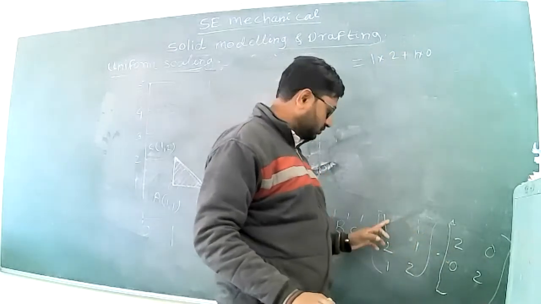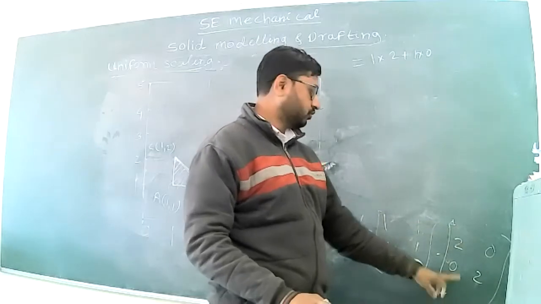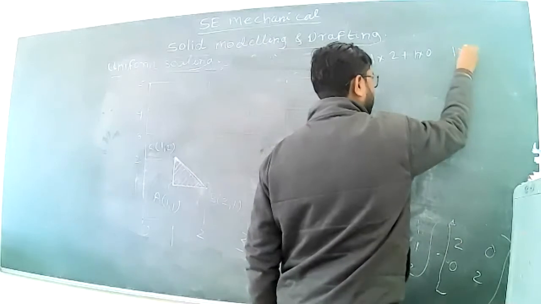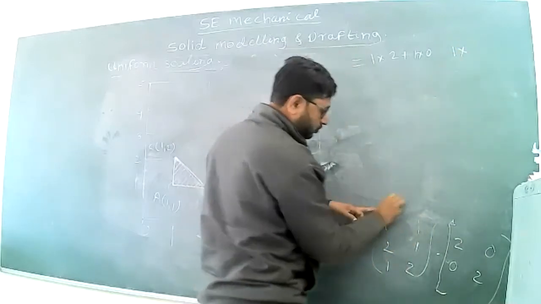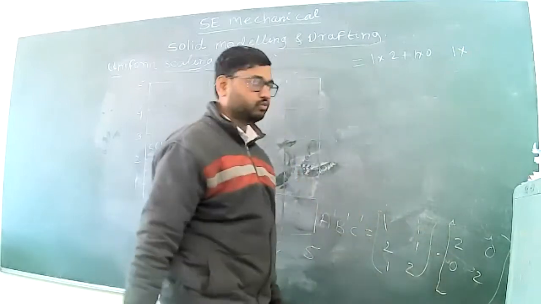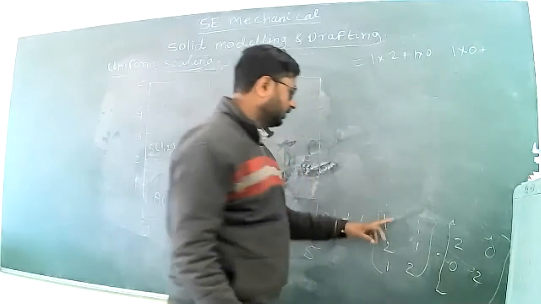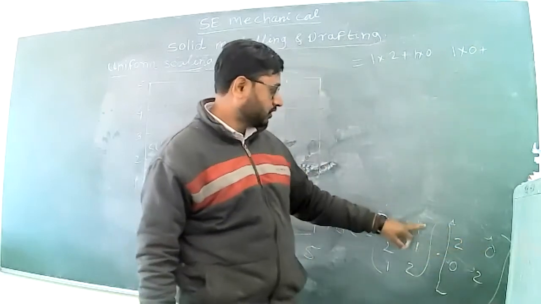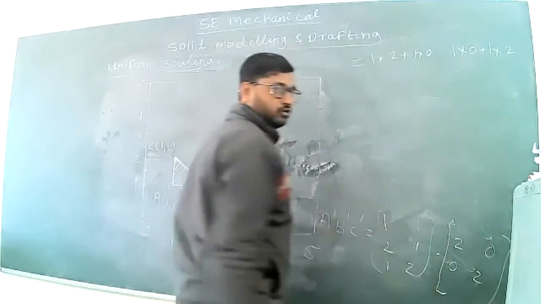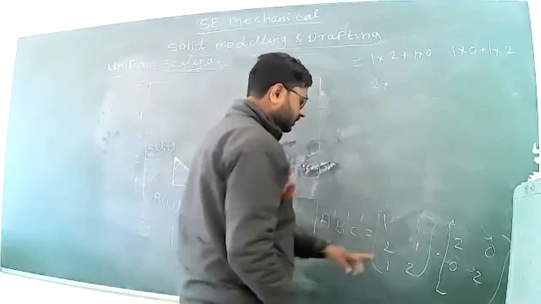How to get the first element? This 1 into 2 plus 1 into 0. For the second element it is 1 into 0 plus 1 into 2.